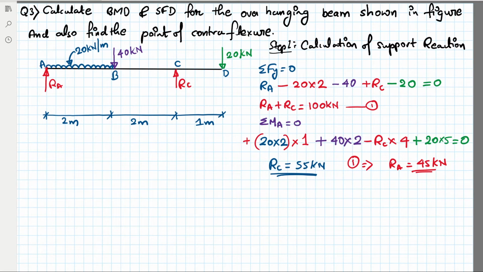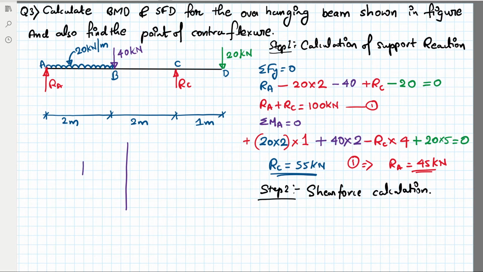Now I am going to calculate the shear force at different points on the beam, so that is step number 2, shear force calculation. Before that I am just going to recall the sign convention.